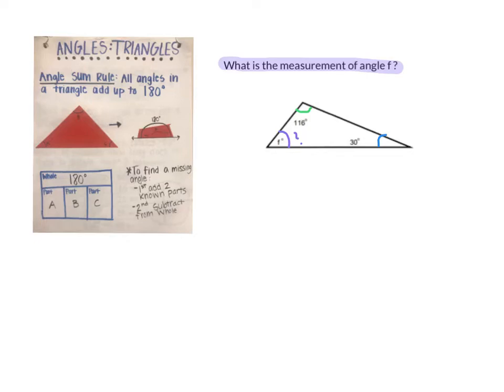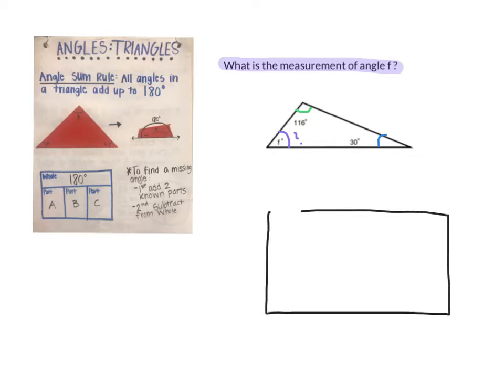So the next thing we need to do is draw our part-whole chart. We know that for every triangle we're going to have three parts, because for every triangle we have three angles. So here's our three parts, and here's our whole.